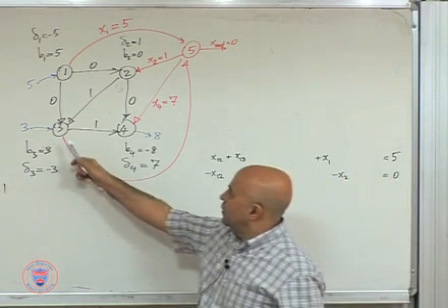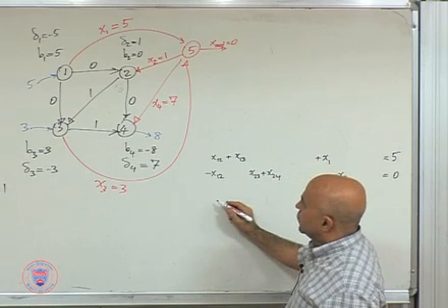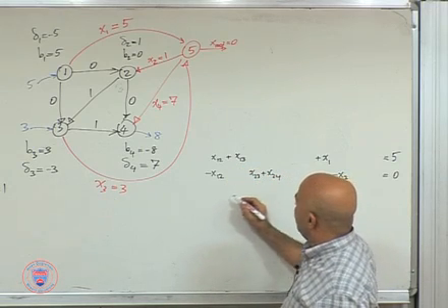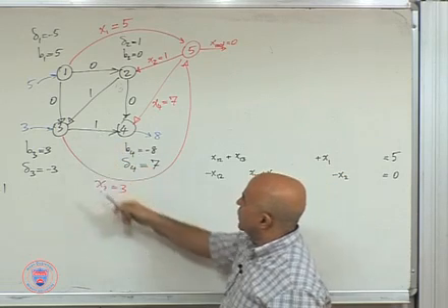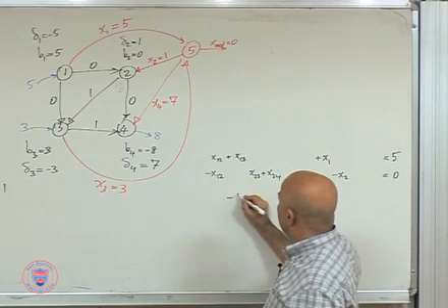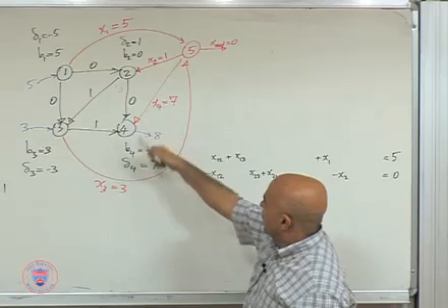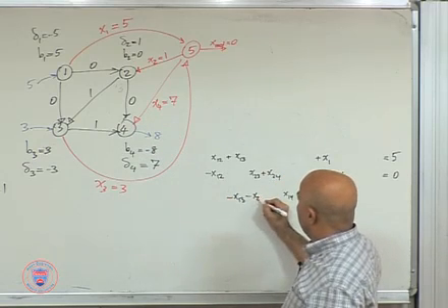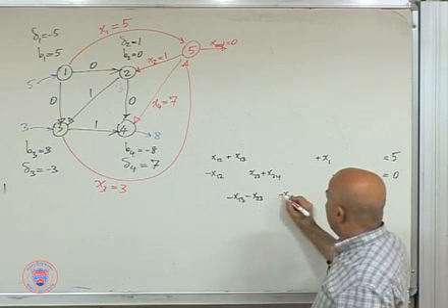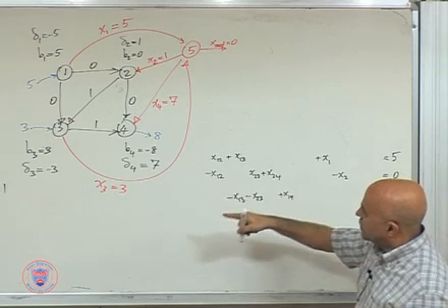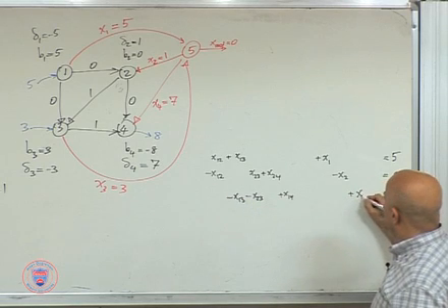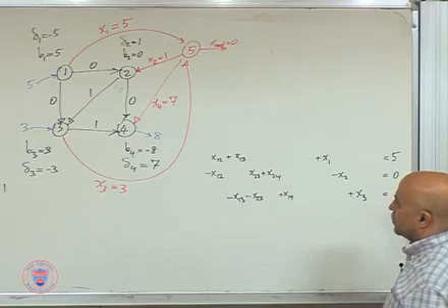Node number 3, outflow of x34, inflow of x13, so minus x13 here, minus x23 here, plus x34, plus x3 is equal to 3.